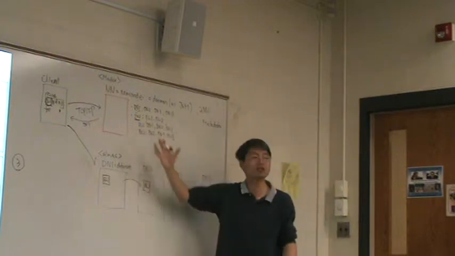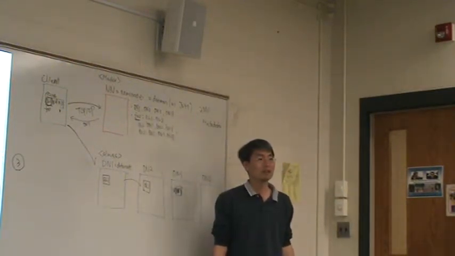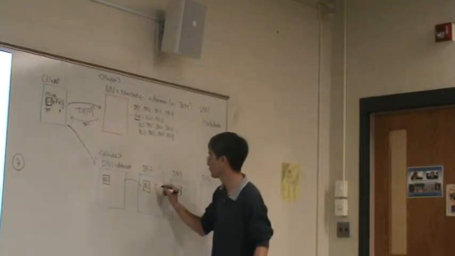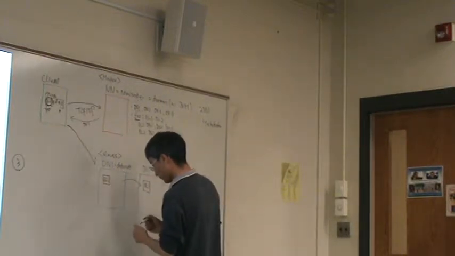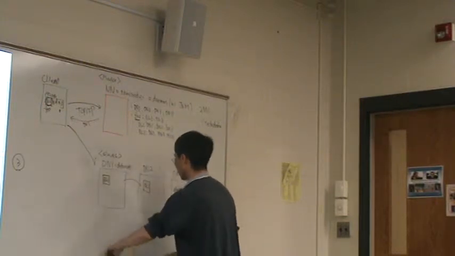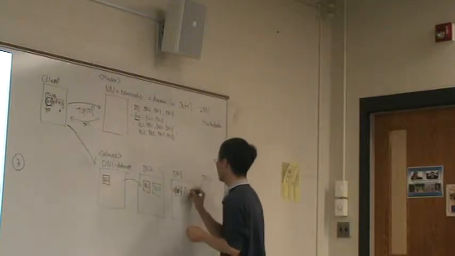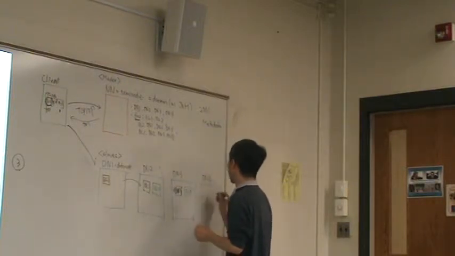We have 3 copies of the first block of the file. Similarly, we can copy block 2 here.